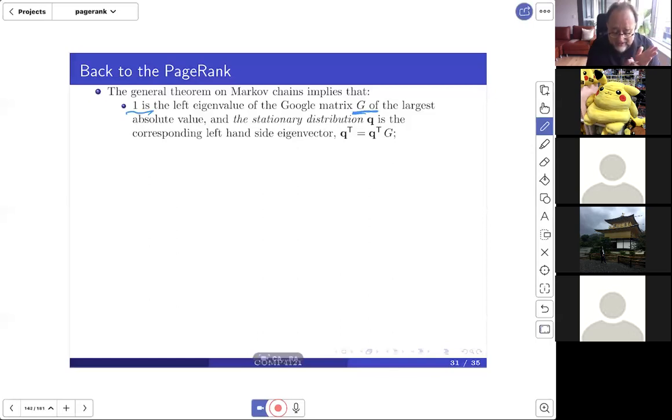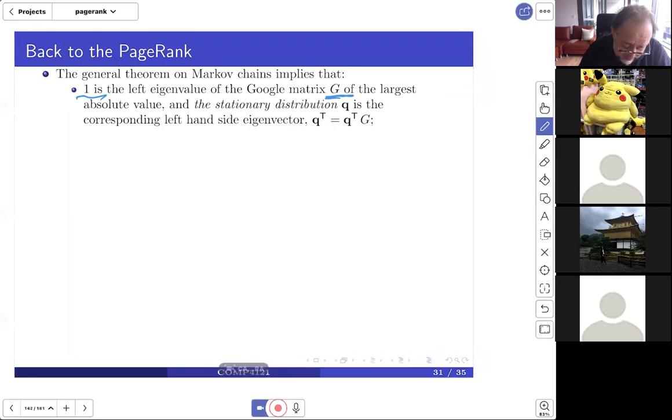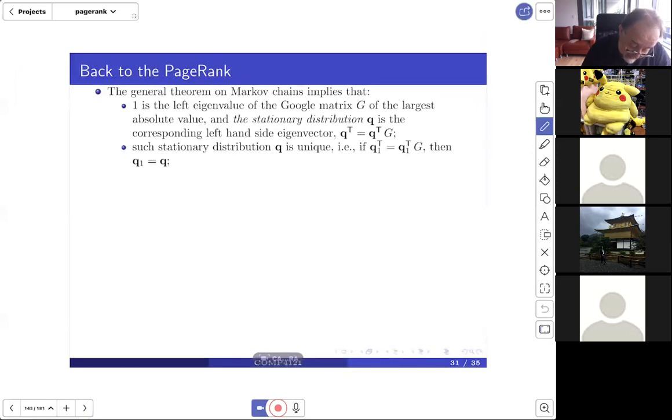All other eigenvalues by modulus have to be smaller or equal than 1 because they can be complex numbers. So 1 being the largest, meaning the largest in absolute value. And this stationary distribution is unique. So there is only one eigenvector that corresponds to eigenvalue 1.